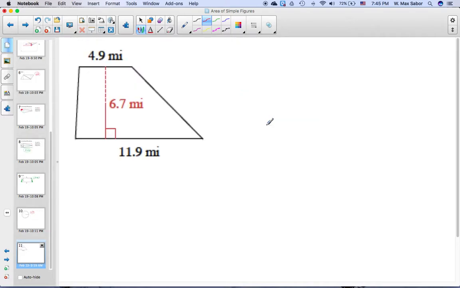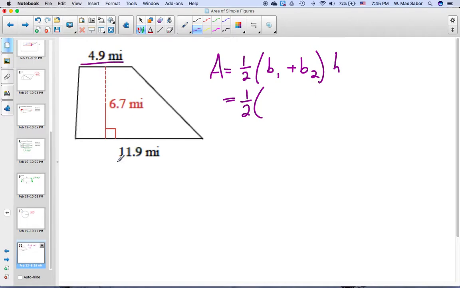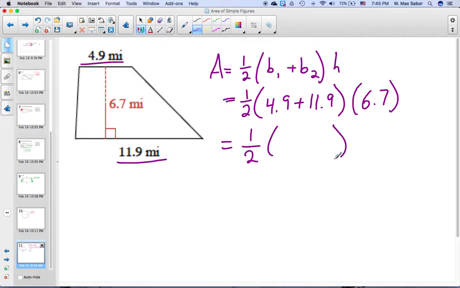So an example of how we would use this is that the area is 1/2 the sum of the bases times the height. The bases must be parallel to each other, 4.9 and 11.9, and the height is 6.7. Now we want to simplify this, which becomes 16.8 times 6.7 over 2.